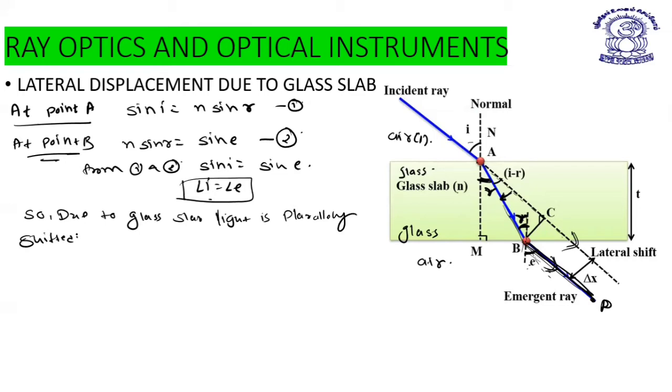That parallel shift is called lateral displacement. So the lateral displacement is the perpendicular distance between these two parallel light rays or parallel paths.